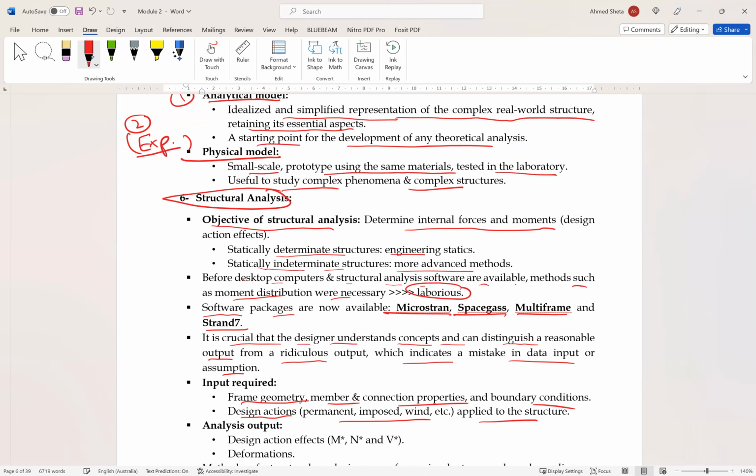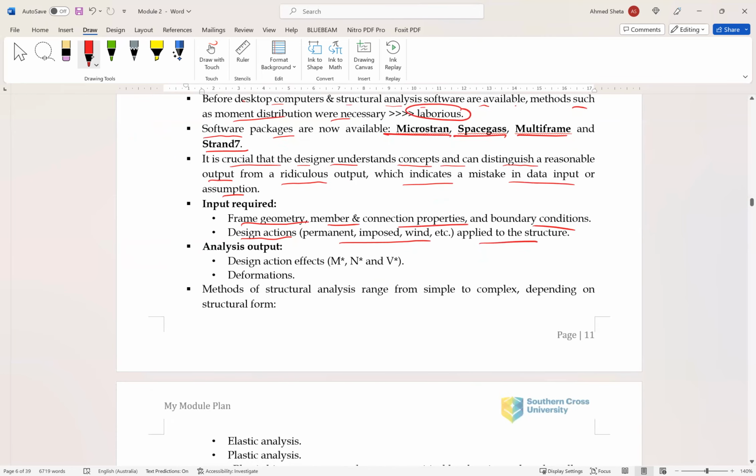So if it's concrete, there is a dead load for the concrete, and also a live load depending on the usage of the building. So all of this will come in later in this lecture. The analysis output is the design actions: moment, normal, and shear forces. Also, you can get some deformations like deflections, rotations, and so on.